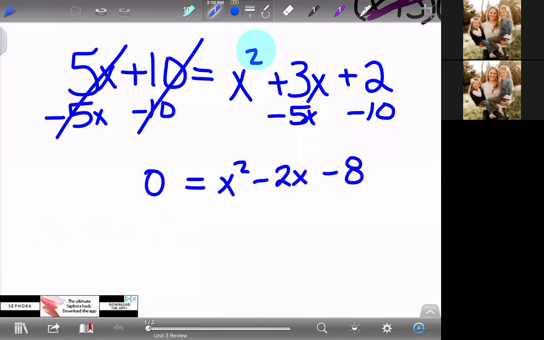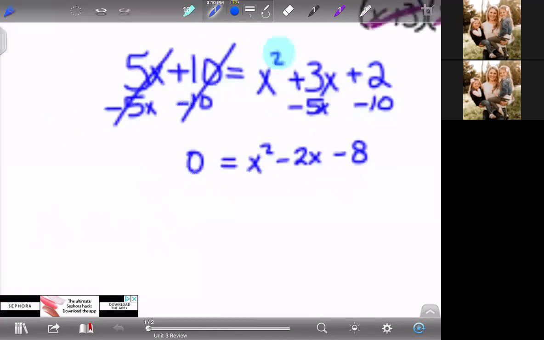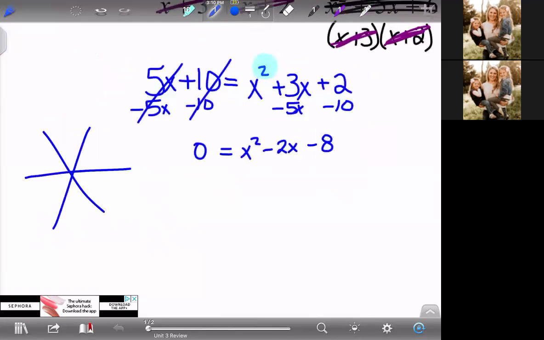When I look at this equation, the first thing that stands out to me, again, it's a quadratic, so I'm going to try to factor it using the asterisk method. So I'm looking for two numbers that multiply to give us -8, but add to give us -2. Those two factors are going to be -4 and +2.